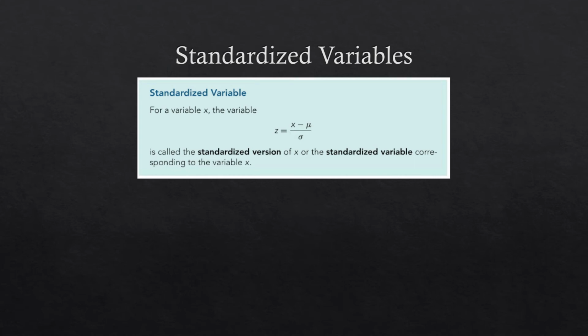So what this formula is going to do is, once we find the mean and the standard deviation, it's going to take our x values and standardize them into a z-score.